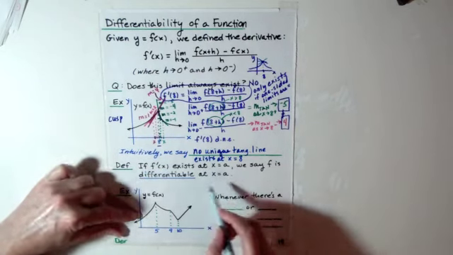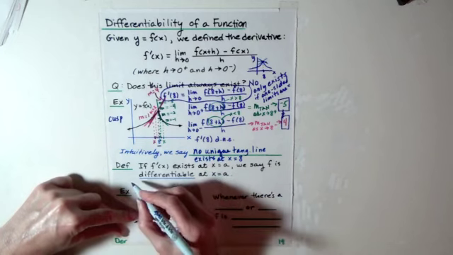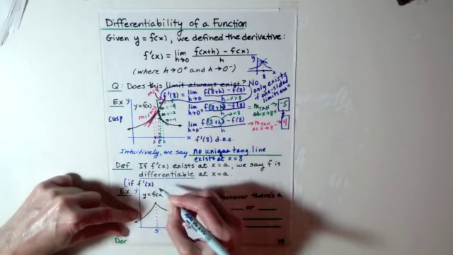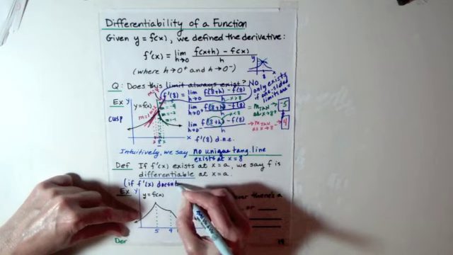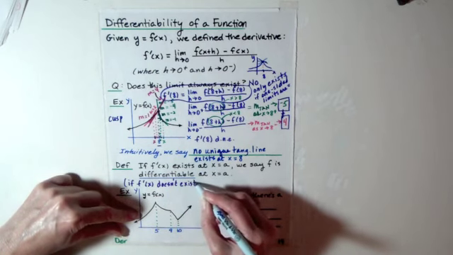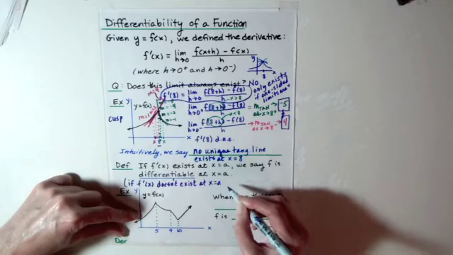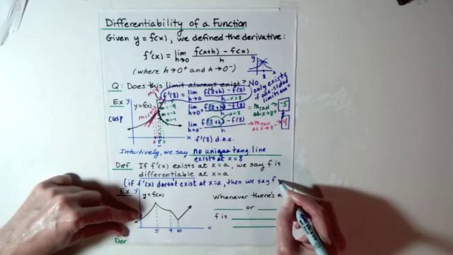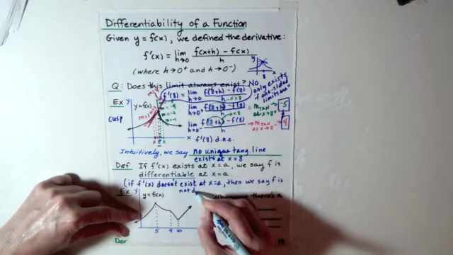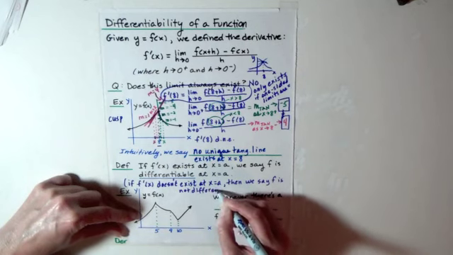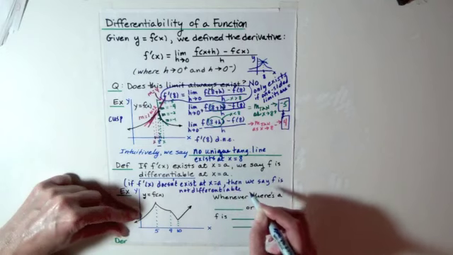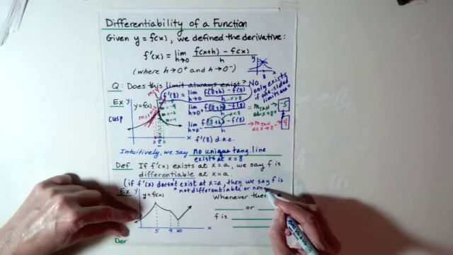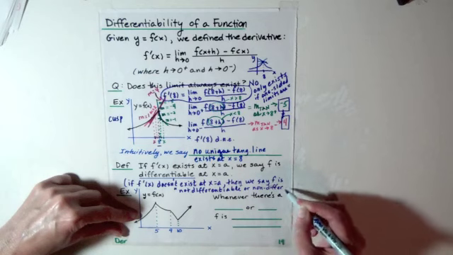If the function isn't differentiable at x equals a, that is, if f prime of x doesn't exist at x equal a, then we say f is not differentiable or is non-differentiable at x equal a.